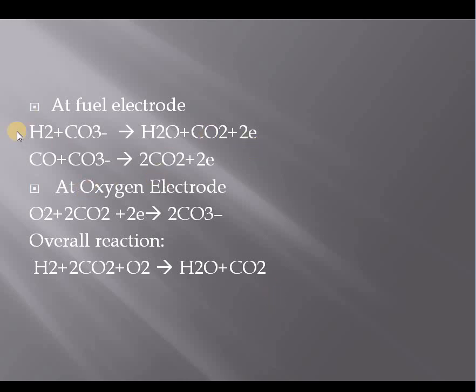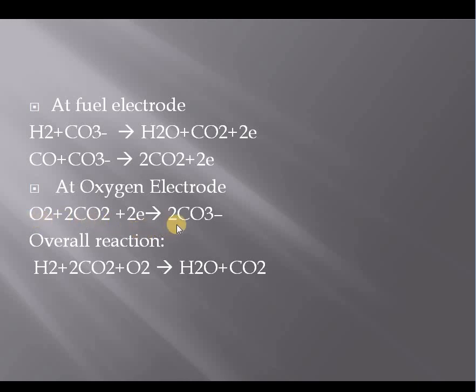So these are the reactions taking place at the fuel electrode, that is at the anode. Hydrogen plus carbonate is reacting and forming water and carbon dioxide plus 2 electrons, and carbon monoxide is reacting with carbonate and forming 2 carbon dioxide and 2 electrons.